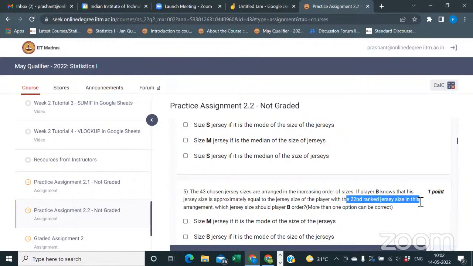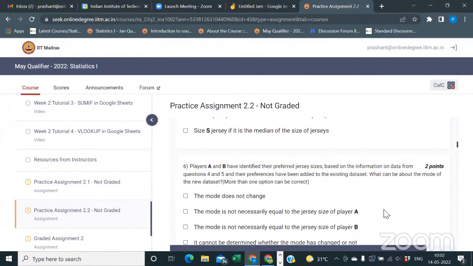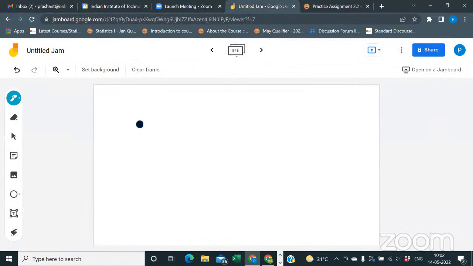Go to the next question, sir. See, B knows his size, which is the median, right? And A is the mode. This is the 22nd. Yeah, A is the mode.